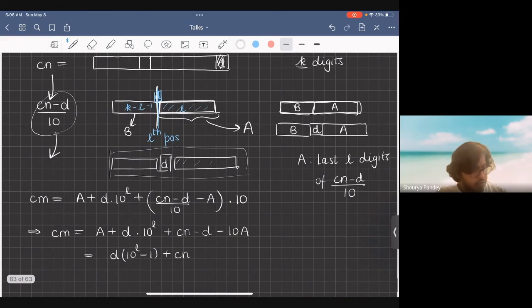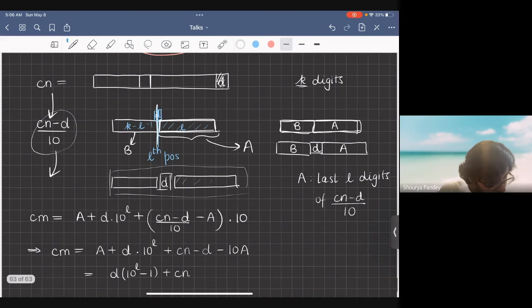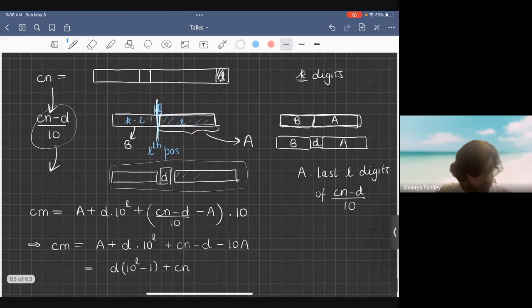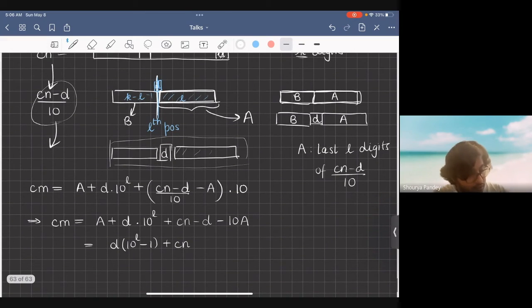I hope I'm not making a mistake here. Yeah, this is fine: Cn minus 9A. So this means Cm minus Cn plus 9A is d times 10 to the L minus 1.